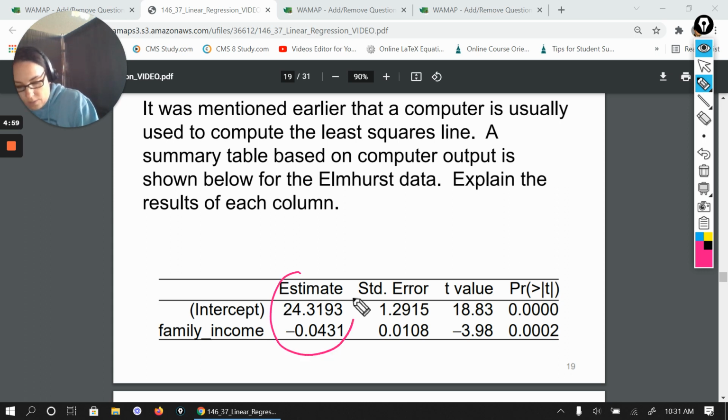So this first column contains the point estimates. This first column also gives us the information we need to construct the equation of the line. So it gives the y-intercept and the slope.